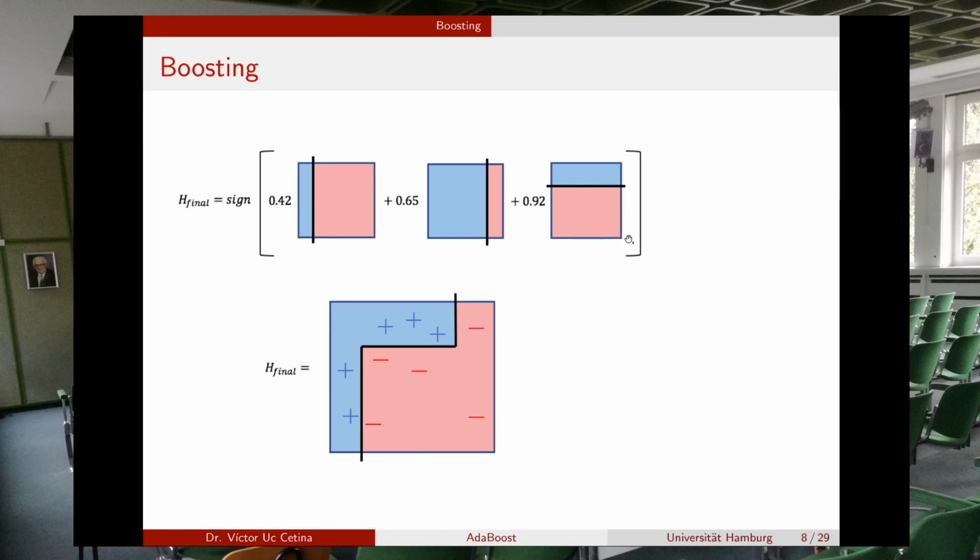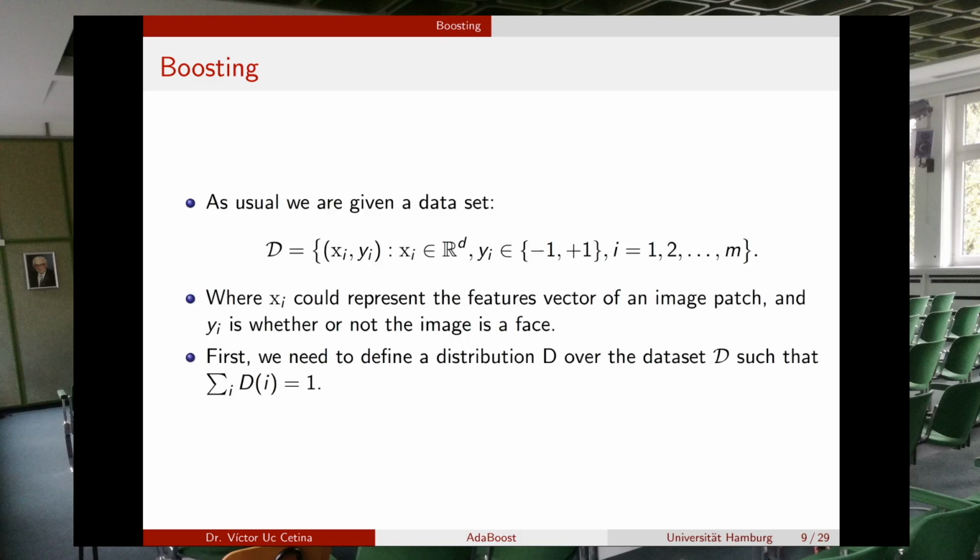What they're saying is, okay, if your best weak classifier in iteration 1 has an error, suppose that the error is larger than 0.5, just flip the sign. So it means instead of considering positive blue on the left side, consider blue on the right side and red on the left side. So just flip the final decision. That's what they are saying.